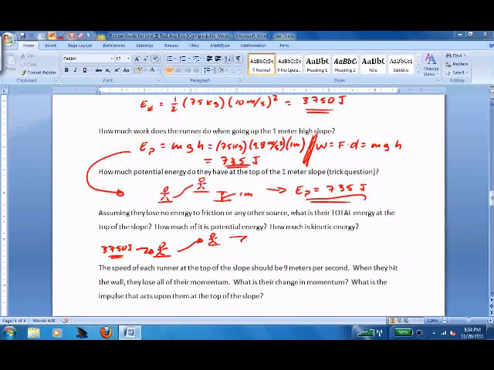Well, up at the top, they're going to have 3,750 joules. And we already calculated that 735 joules of that is potential energy. So they're still going to have 3,750 minus 735, 3,015 joules of kinetic energy.